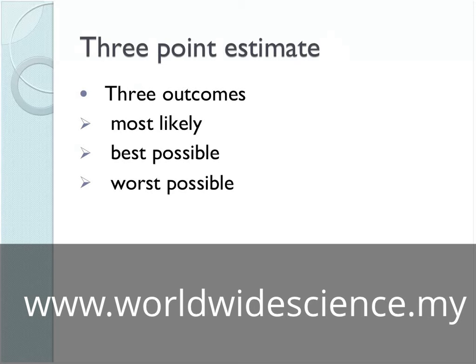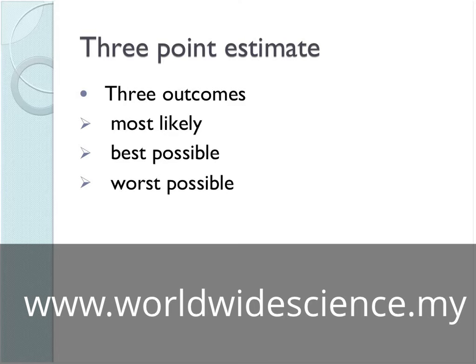So we can say that the most likely profit is the one with the increased value compared to the others, and the best possible means the profit could be the best possible.